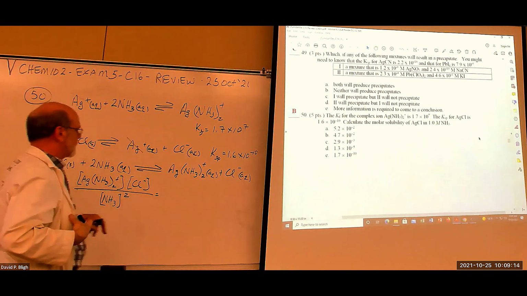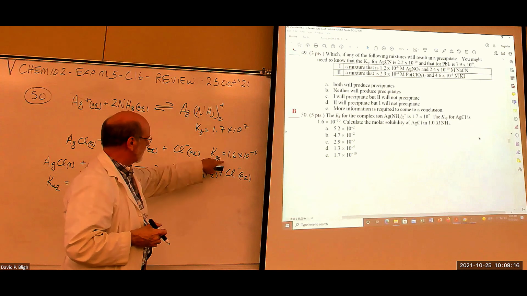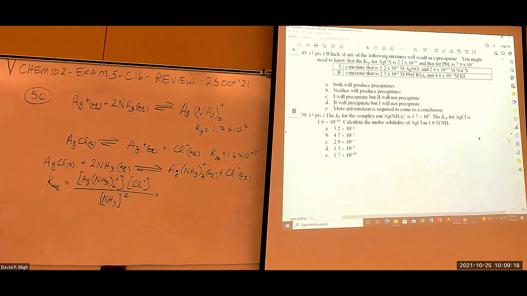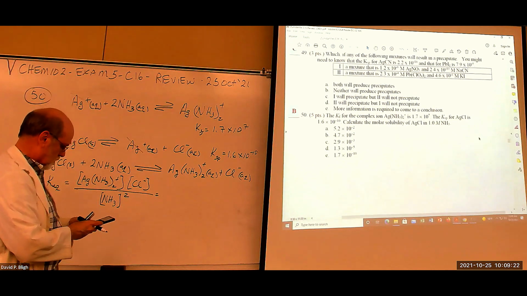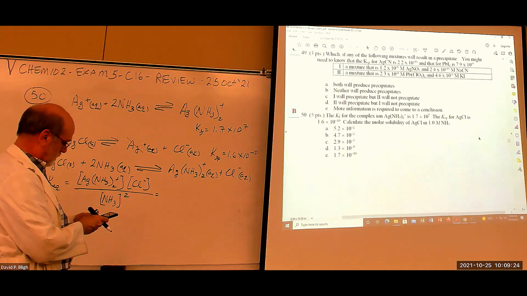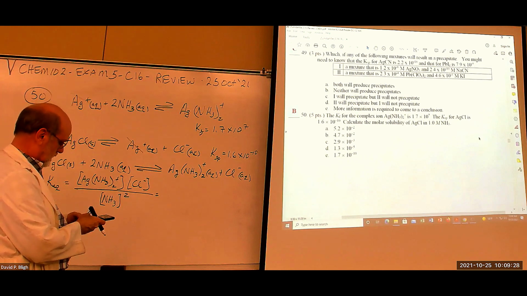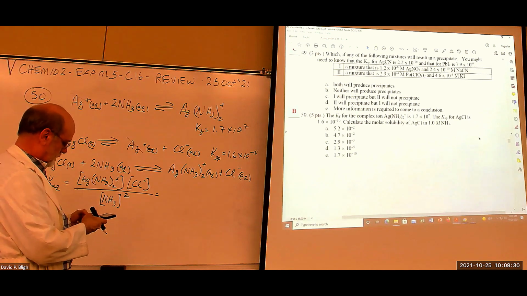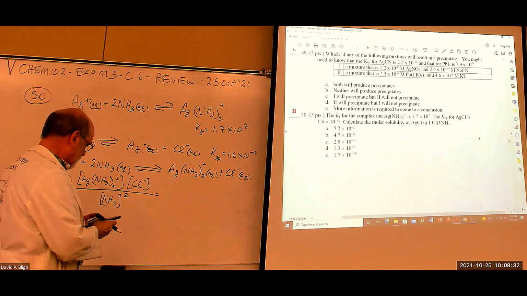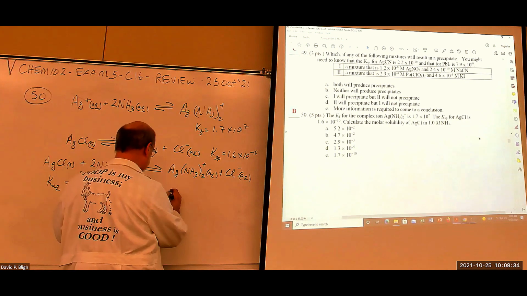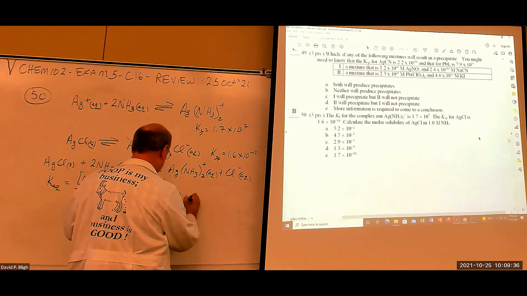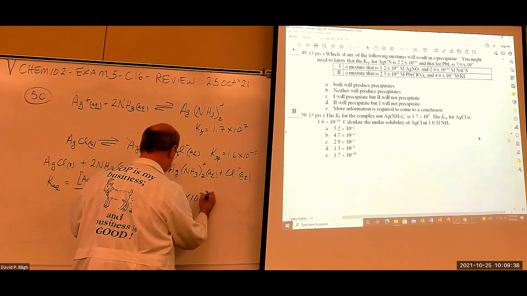And what's the value for that one? This one times that one. So 1.7 times 10 to the 7, 1.6 times 10 to the minus 10. So I get 2.72. I'm going to hang on to some decimals here. 2.72 times 10 to the minus 3.